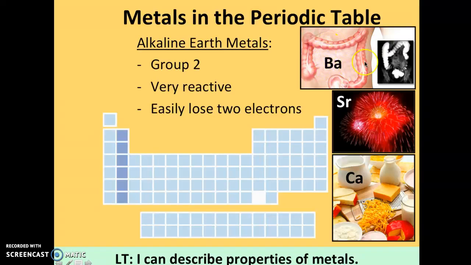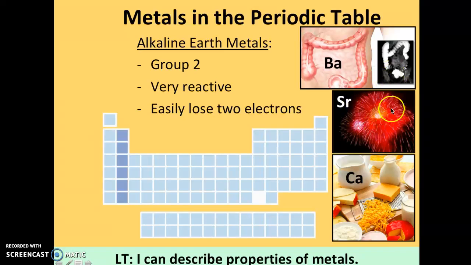Barium is a liquid that people drink before an x-ray. So it's pretty nasty tasting, actually. And they take that, and then in the x-ray, it comes out this white color so that doctors can see if there's any leaks or anything in the intestines, in the stomach, those kind of things.